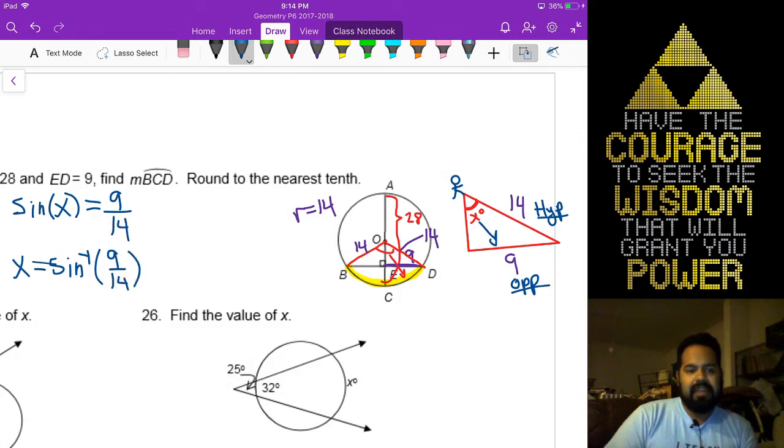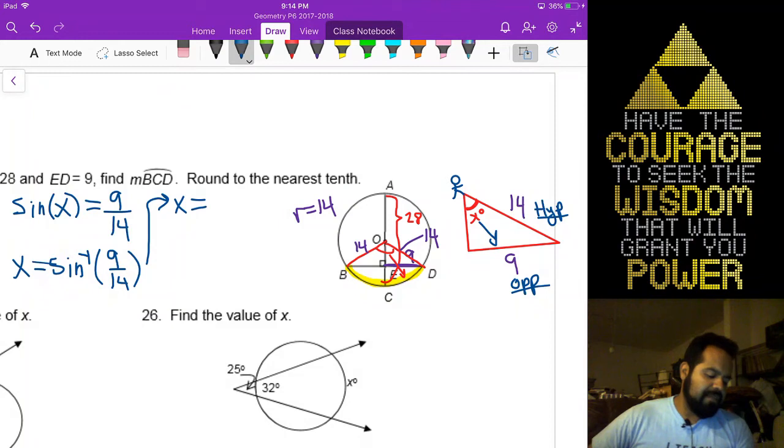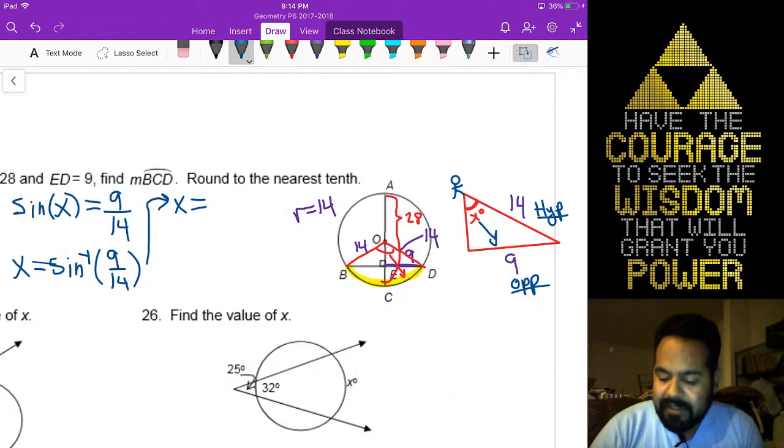Oh man, I've hit a standstill. I can't do this all in my head anymore. I'm not that good. I can approximate that. 1/2 is 30 degrees, so that's going to be close to 40 some odd degrees.